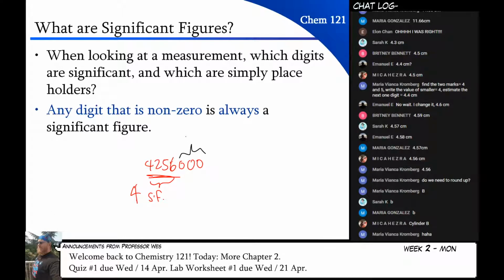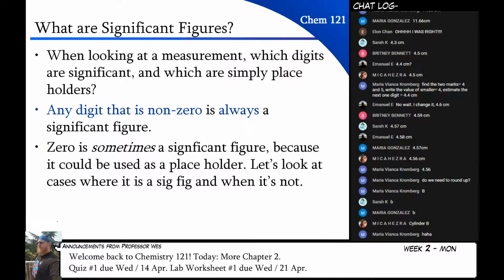But zeros depend on the application and the context of the problem. Those zeros might be known, or they might just be placeholders because I was rounding to the thousands place. Which is which? It depends on the context of the problem and how the number is written. So we're going to examine that in more detail.